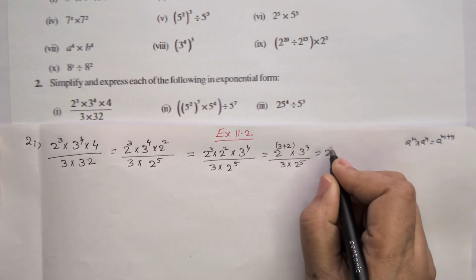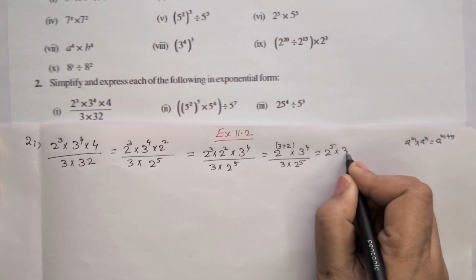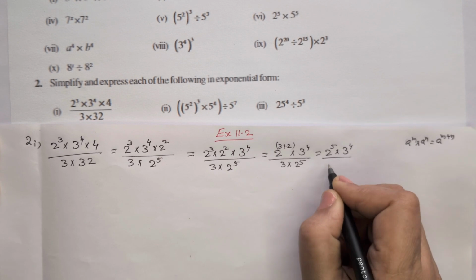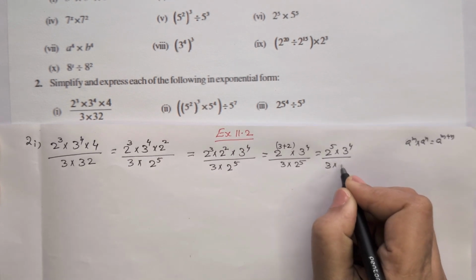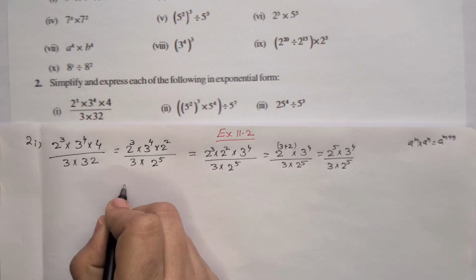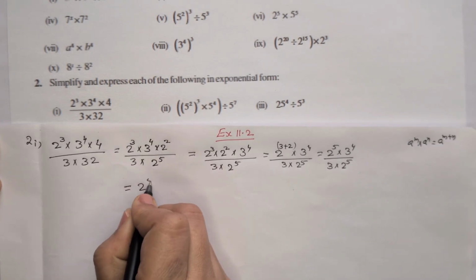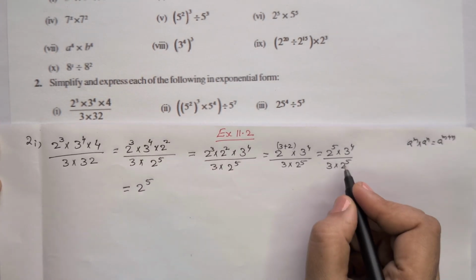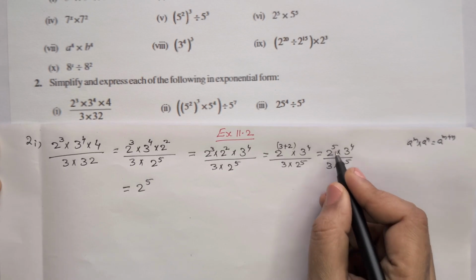So 2 raised to 5 into 3 raised to 4 divided by 3 into 2 raised to 5. Now, the division rule. We can rewrite this as 2 raised to 5 in the denominator also 2 raised to 5.